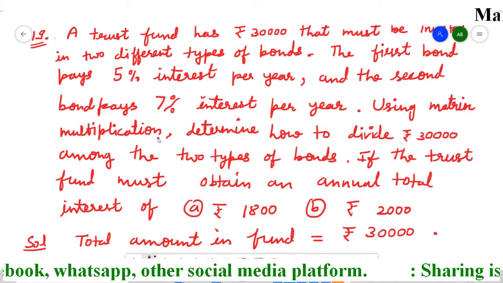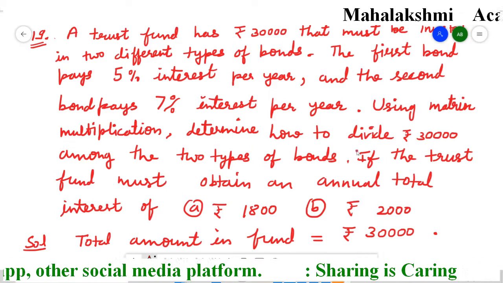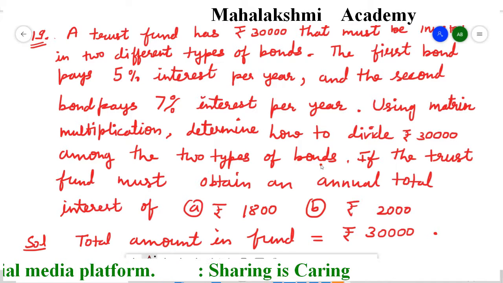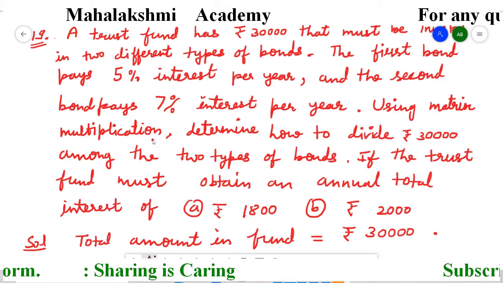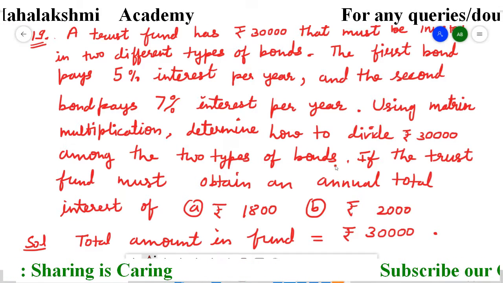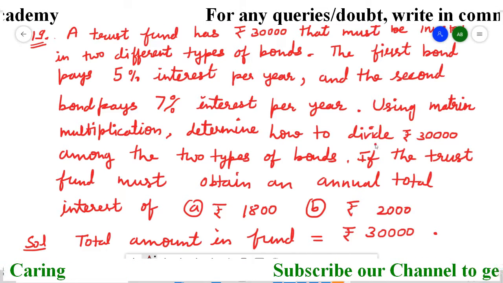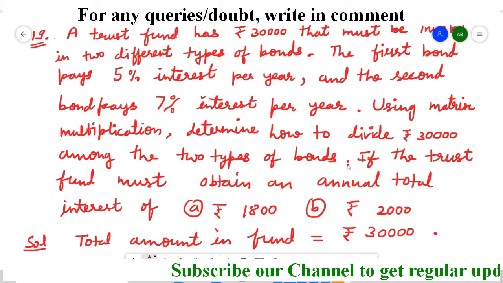Using matrix multiplication, determine how to divide rupees 30,000 among the two types of bonds. So we have to solve this question with the help of matrix multiplication and find the two divisions of rupees 30,000 for the required situation.